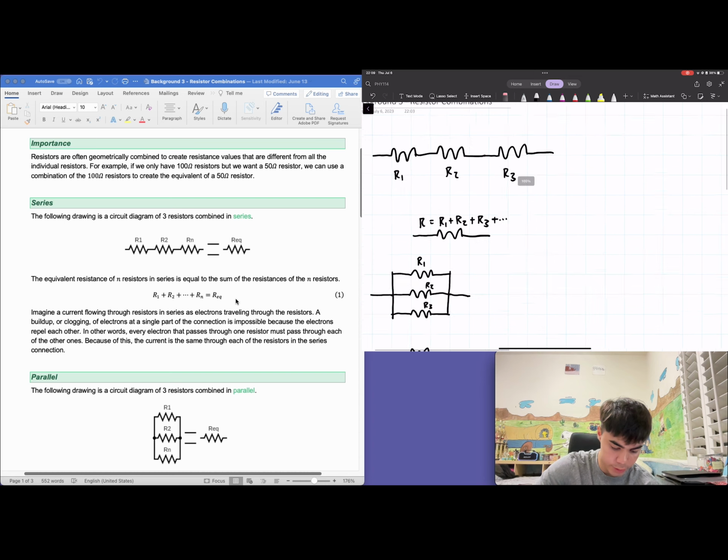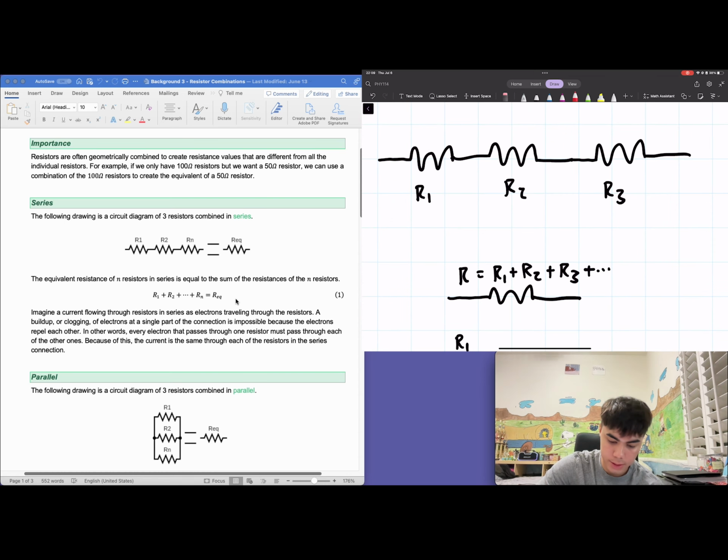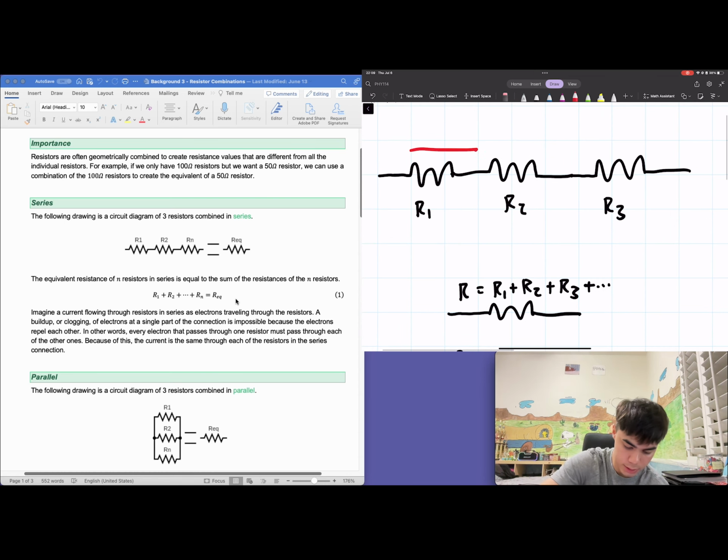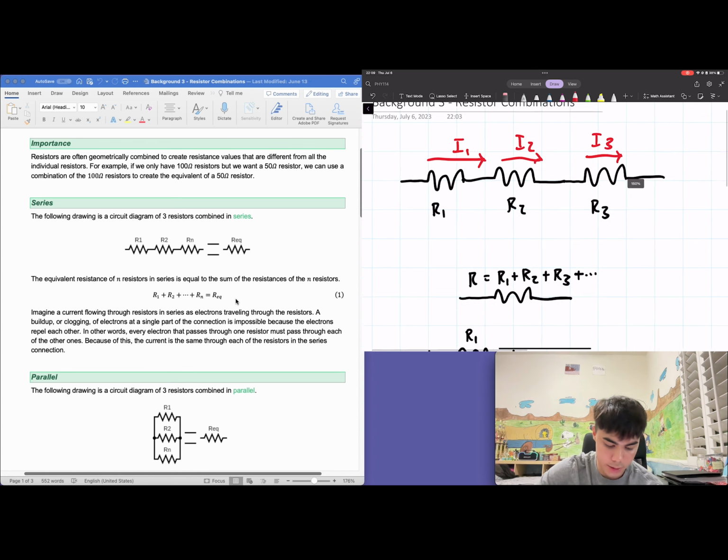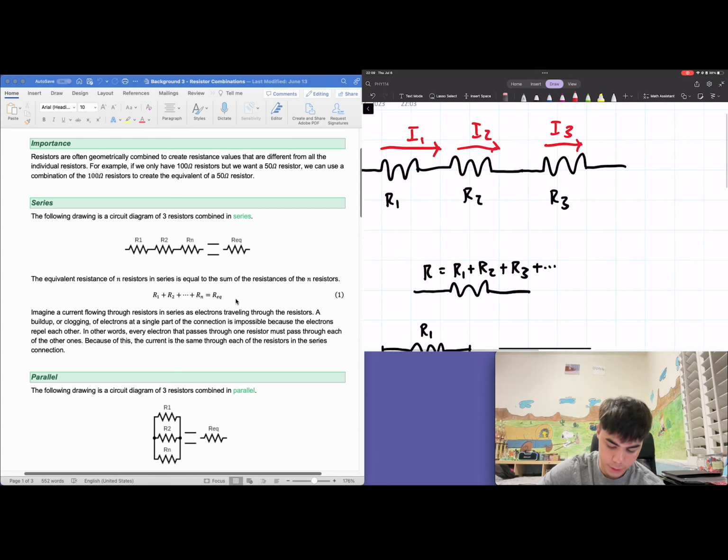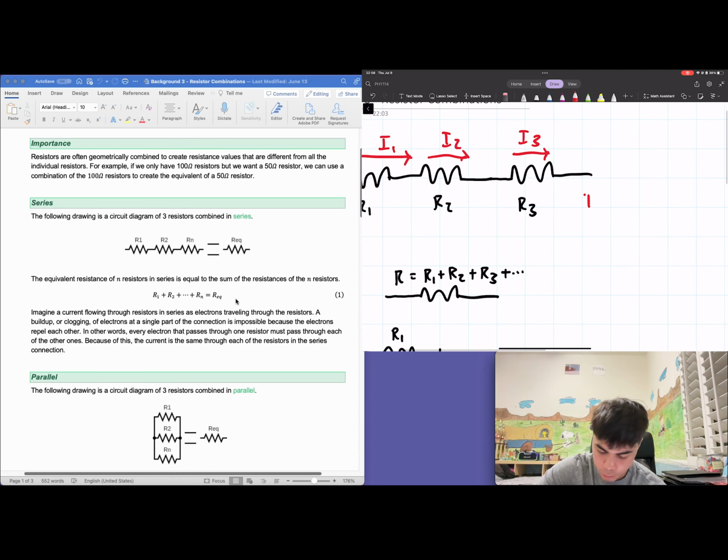So when we have resistors in series, let's say we have a current flowing through these, I1, I2, I3. It turns out that they all have the same current, so I1 equals I2 equals I3.